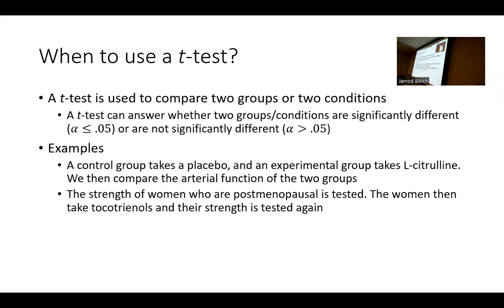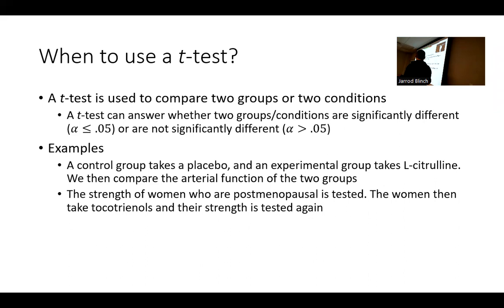Example 2, I tried to go with examples that we might see in our department. So we want to look at the strength of women who are postmenopausal. And so what we're going to do is test their strength, let's say 10 women. And then we are going to have those same 10 women take tocotrienol. Does someone know how to pronounce that?